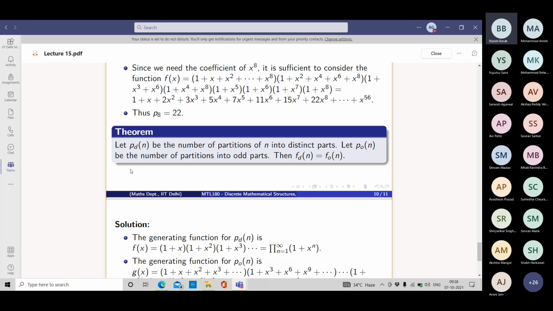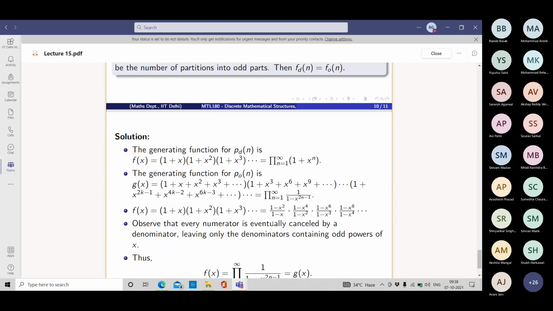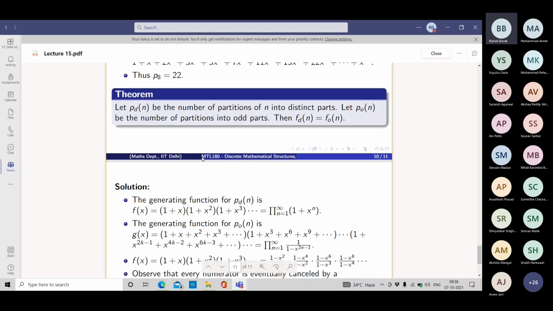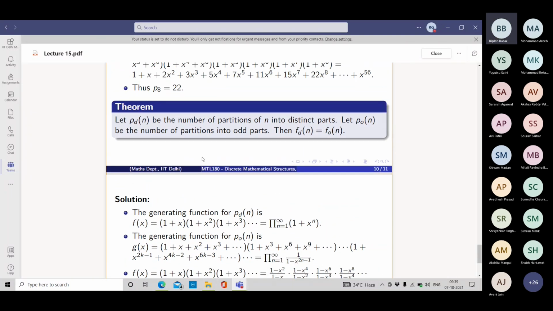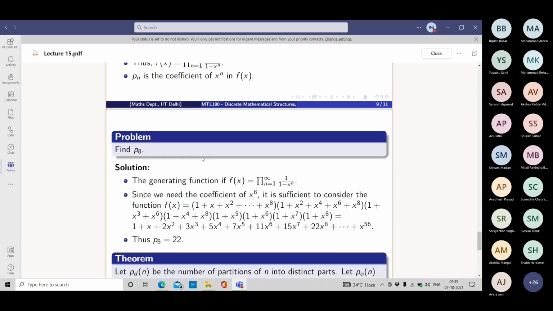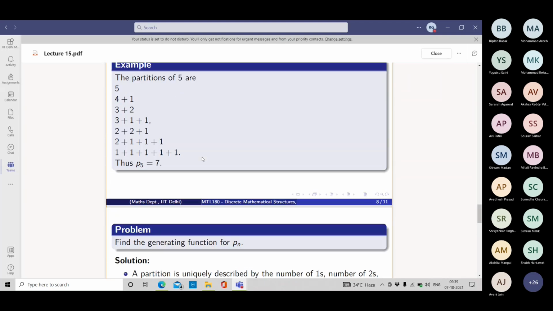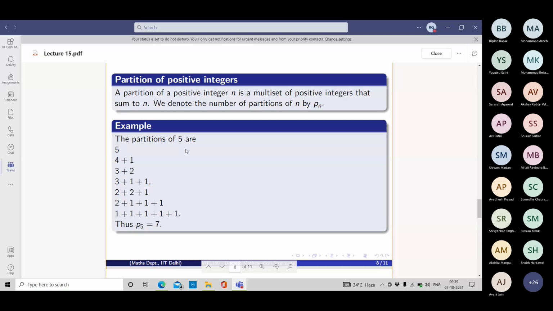Okay, so you can see that PDN means the number of partitions of n into distinct parts. As we have written in the generating function, distinct parts means you can't take any number more than once. No repetition is allowed. For example, we are going to find the partitions of 5.